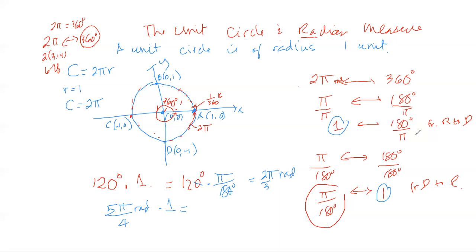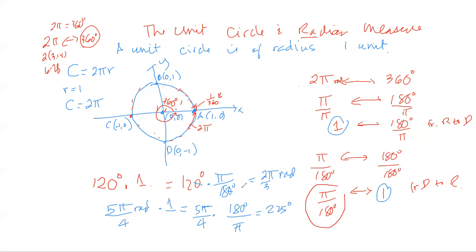I should make use of the first formula. So that will be 5 pi over 4 times what? 180 degrees all over pi. Make sure that the radian measure will cancel off. This one will cancel off with this one. Okay? And then I can cancel 4 and 180. And I will get here 225 degrees.